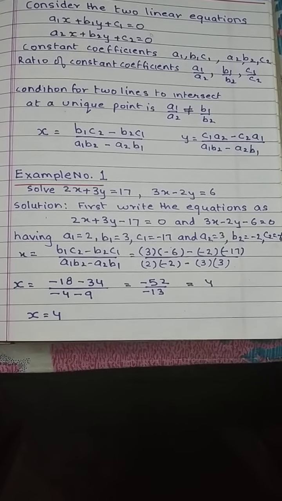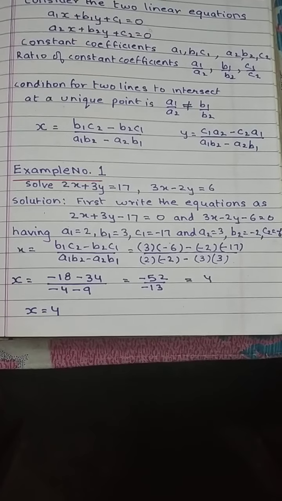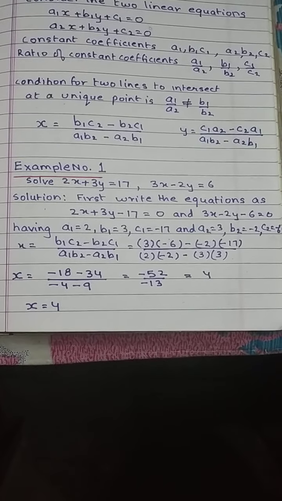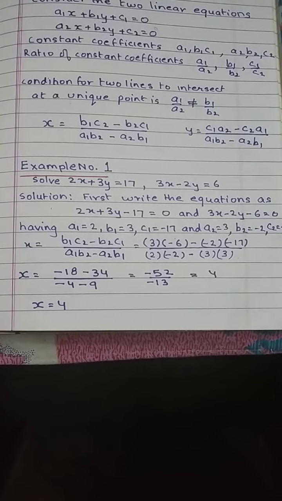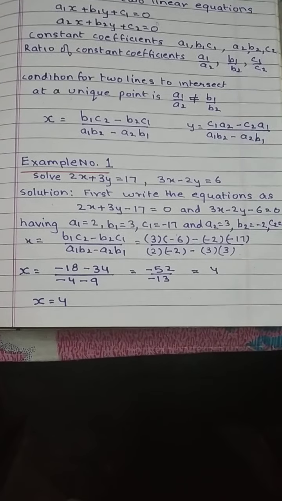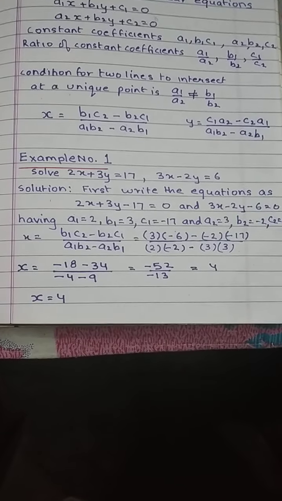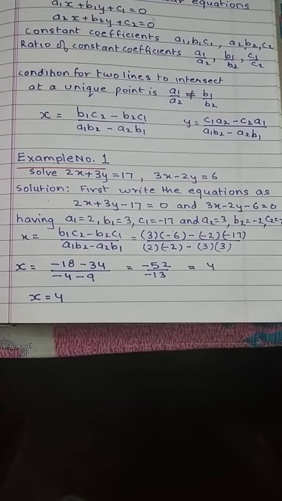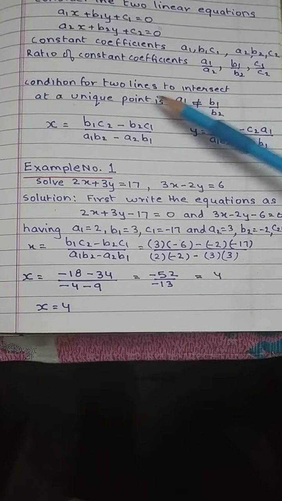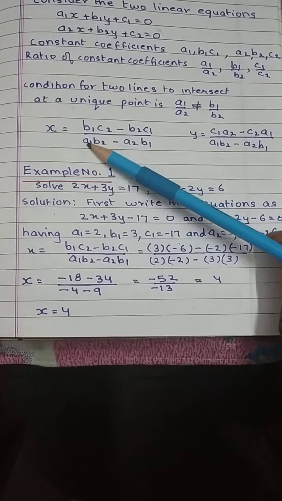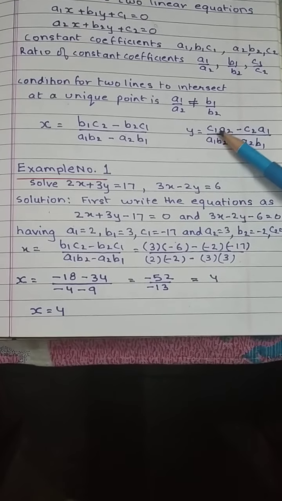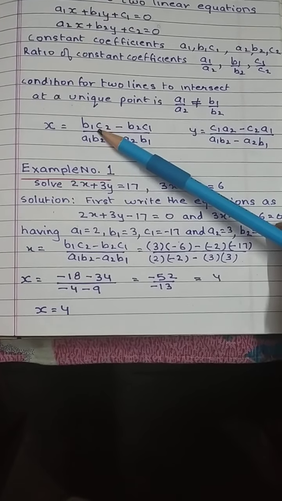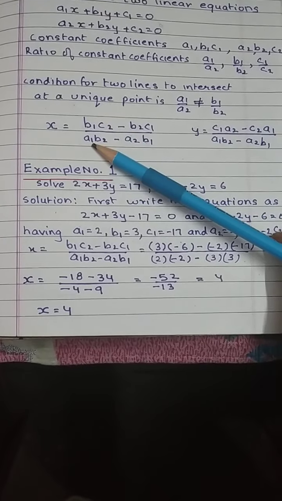Use the formula x equals b1 c2 minus b2 c1 over a1 b2 minus a2 b1. Many books talk about arrow methods and other methods, and students get confused. It is easy to use and learn this formula. In case of x, it is BC upon AB.